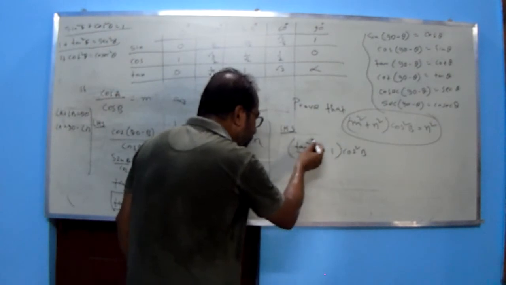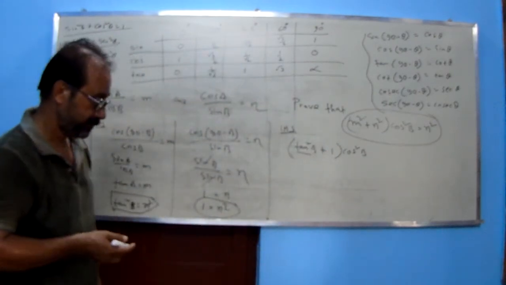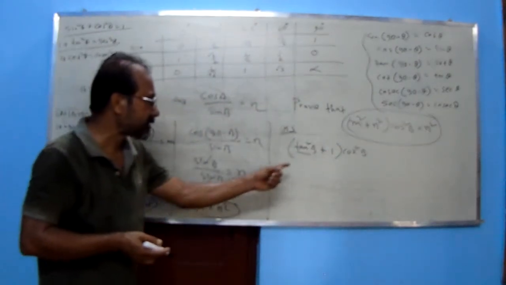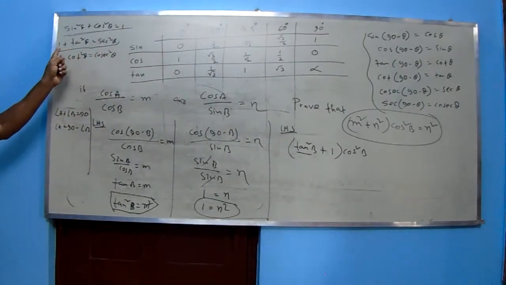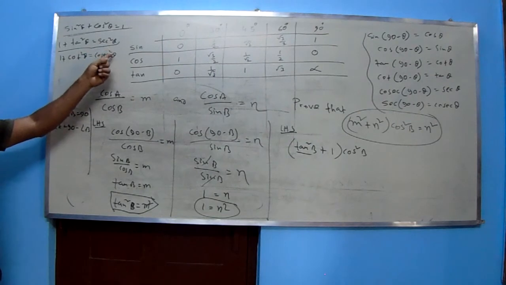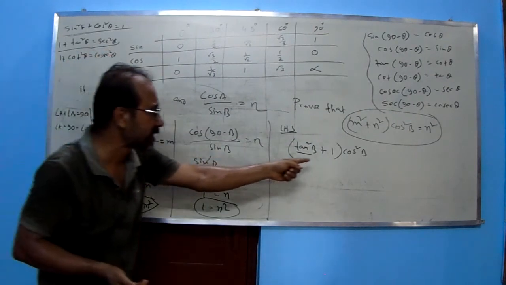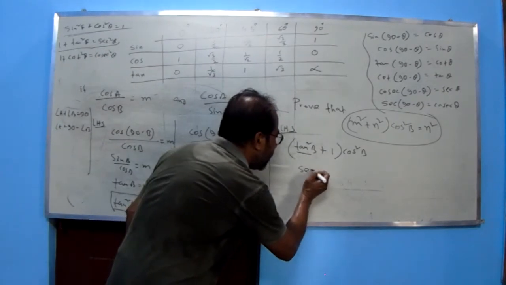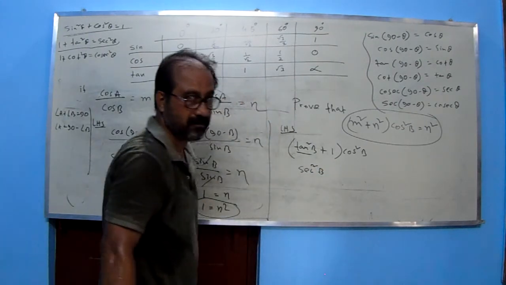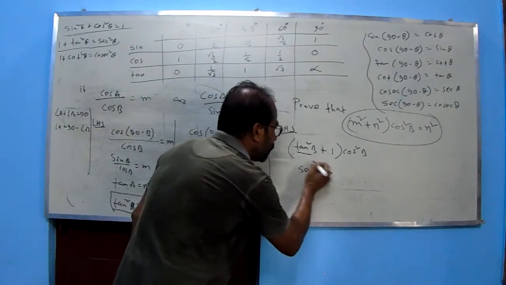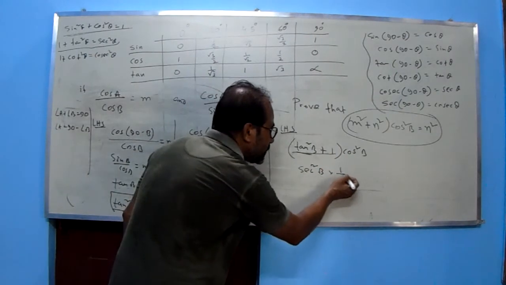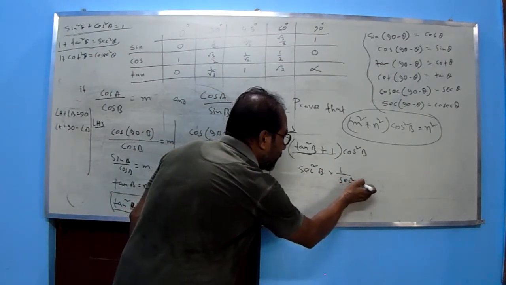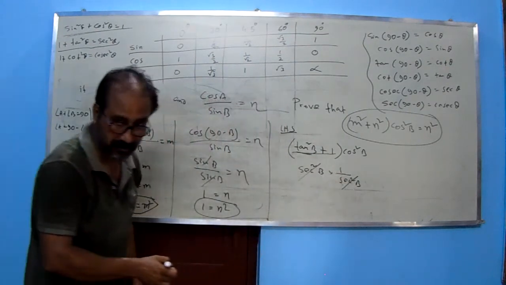Tan square B plus 1 means what? 1 plus tan square theta, this is the formula, is sec square theta. So 1 plus tan square B means it is sec square B, into cos square B. Cos square B means 1 by sec square B, so again it has gone.